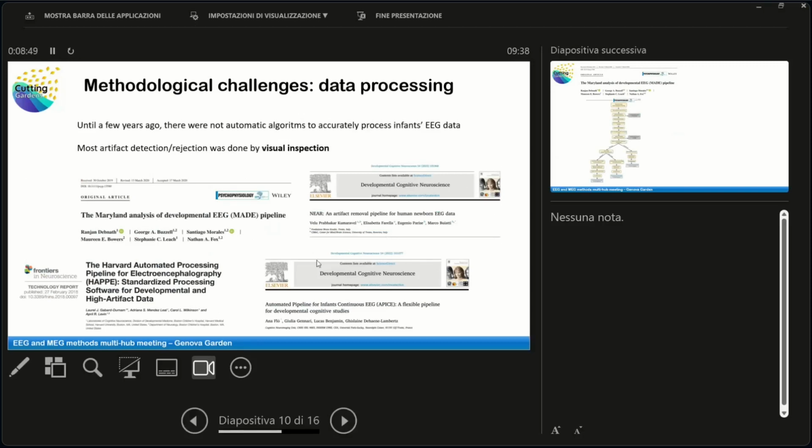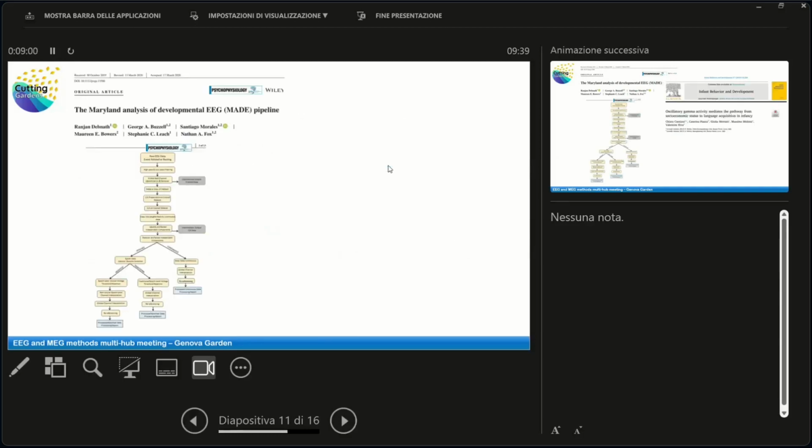And Velu will talk about this pipeline here, the NEAR pipeline. But I will just give you my own experience using the MADE pipeline.